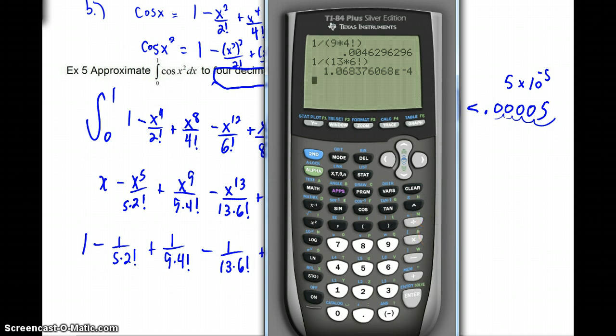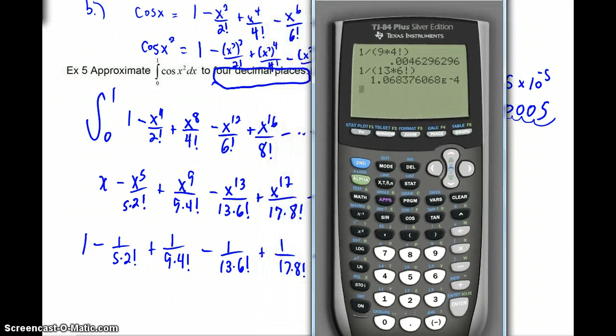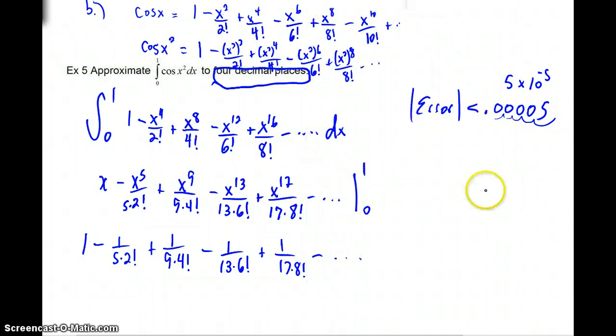No, sadly. So let's see, our next term would be 1 all over 17 times 8 factorial. Perhaps that would do it. Hopefully it will. Let's see. You might need to just spend a little bit of time in search of this. Thankfully, the 1 over 17 times 8 factorial is less than that.